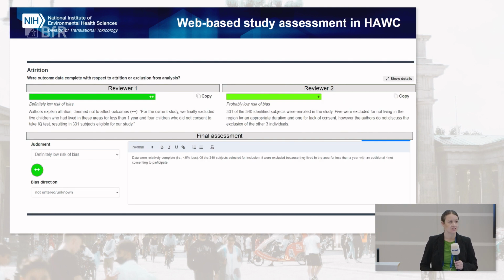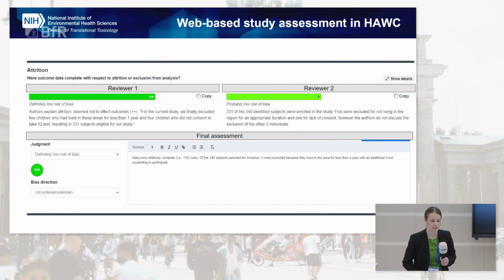So we have 2 independent reviewers assess risk of bias for each of the studies, each of the questions. This would be kind of a look in HAWK from a tertiary reviewer or whoever is running the project. 2 reviewers assess, and you can see here in this case there were different. One reviewer gave this attrition definitely low risk of bias with their rationale underneath.